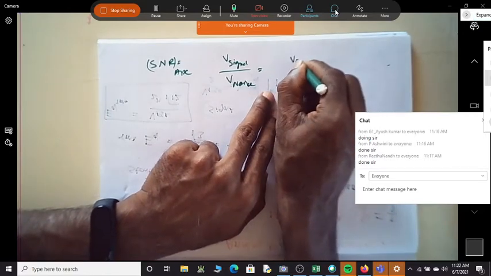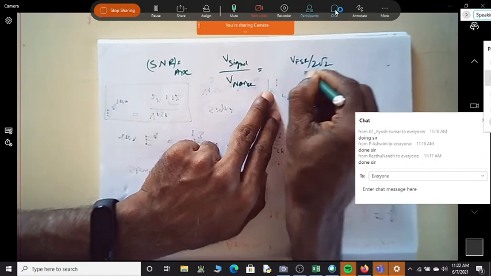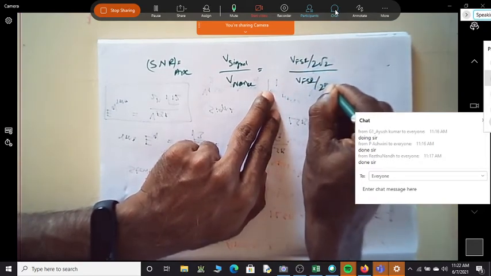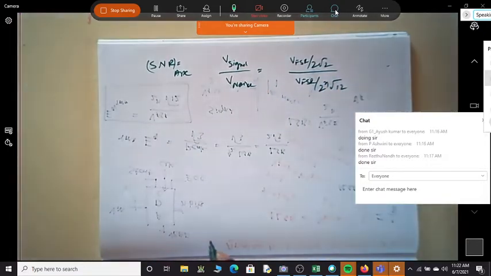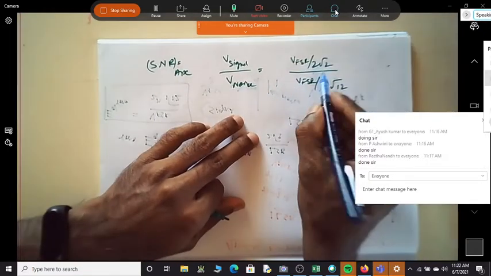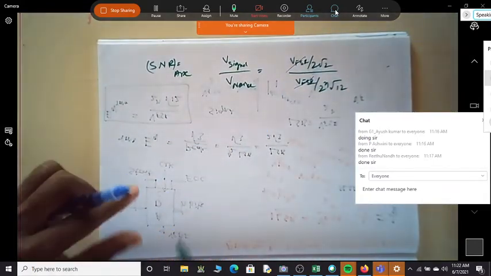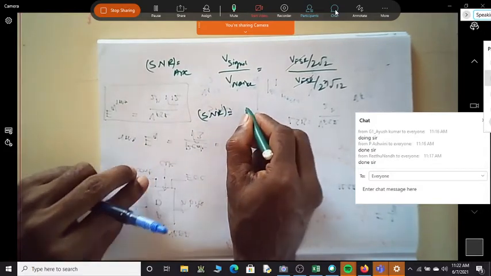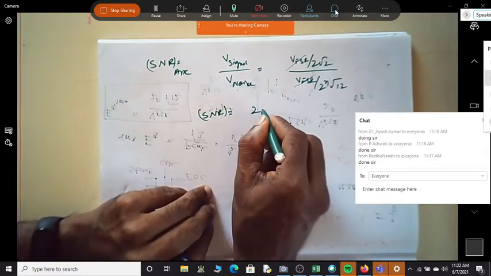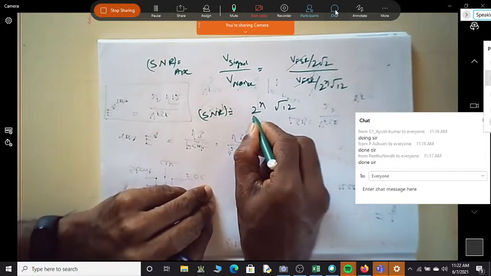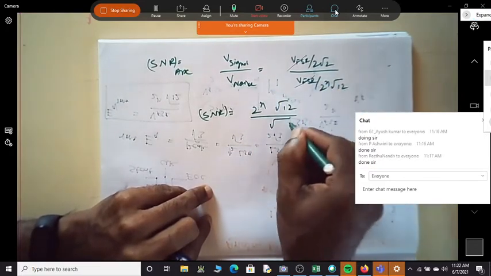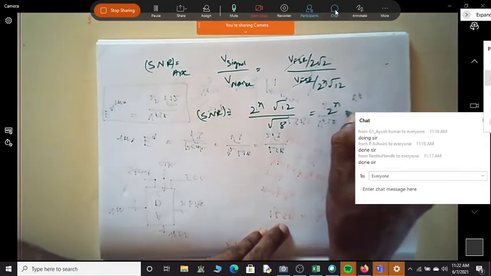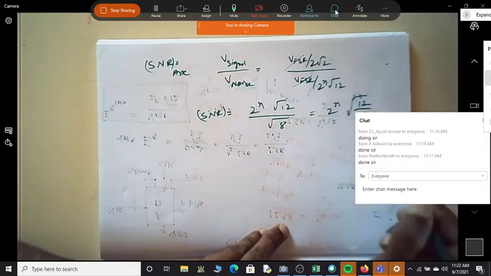So do we have it as VFSR by 2 root 2 divided by VFSR by 2 power n root 12? Correct? So VFSR and VFSR cancel. So what do we have? Do we have the signal to noise ratio as 2 power n root 12 by root 8? Is it now 2 power n root of 12 by 8?